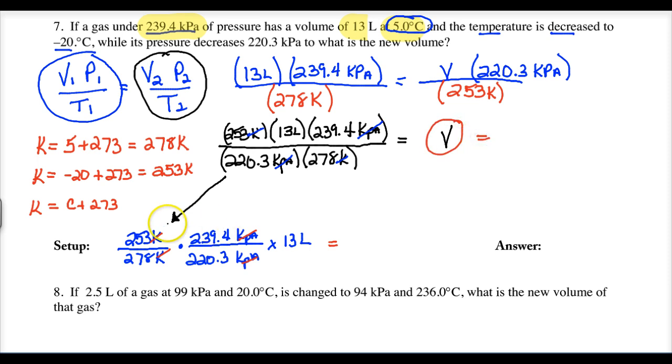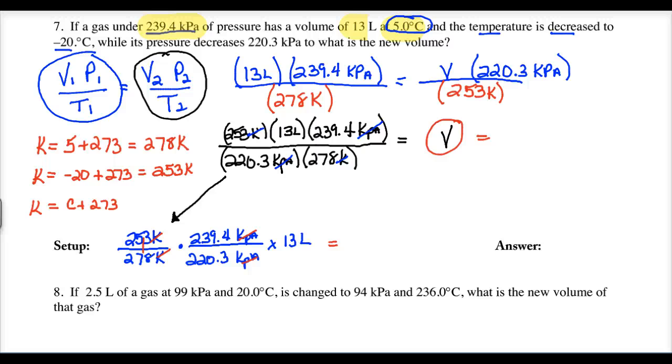Now, it's nice to do it this way because it's actually nice to solve for it. If you solve for it the other way, you may forget to put these in parentheses to multiply. So I'm going to take my calculator and just follow with me. I'm going to take 253, and then as it says right here, I'm going to divide by 278. I'm going to hit enter.